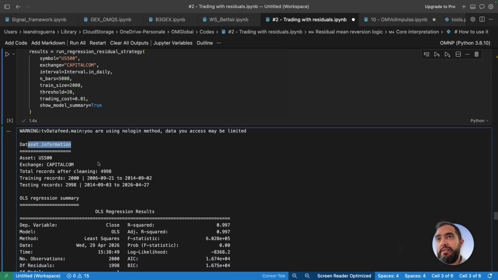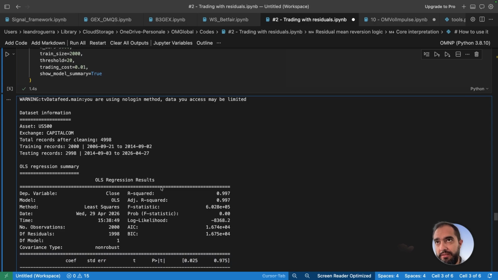The dataset information: the training records are from September 21st, 2006 to September 2nd, 2014, and the testing is everything after that up to the 27th of April 2026.